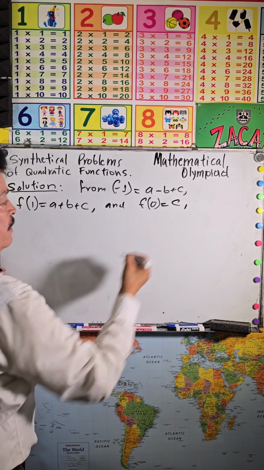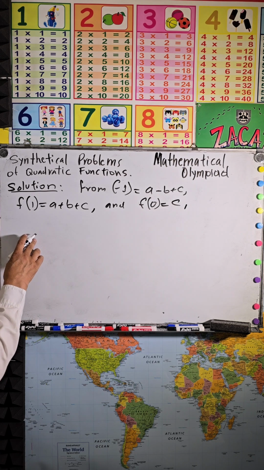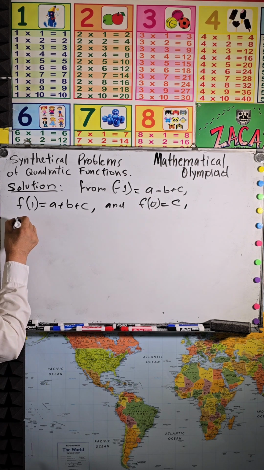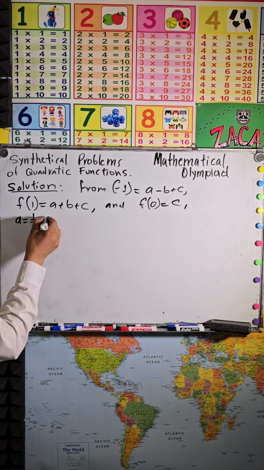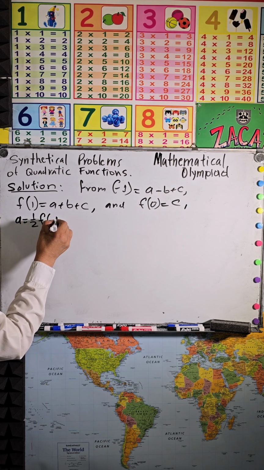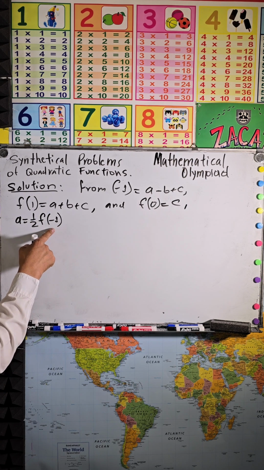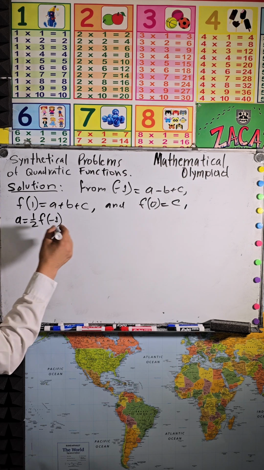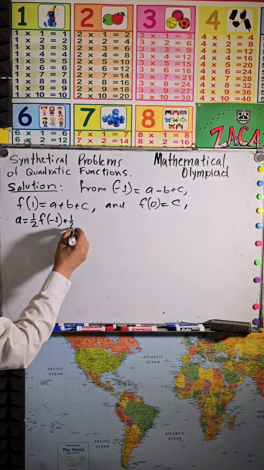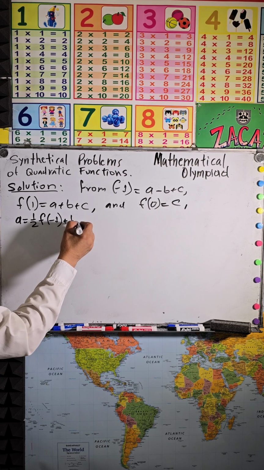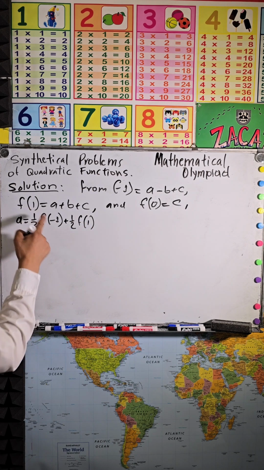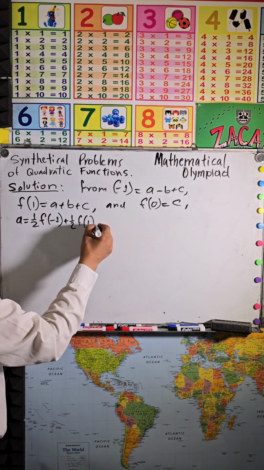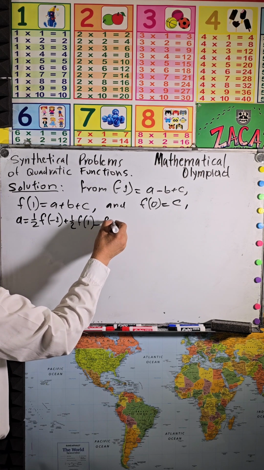So then if we continue working in our process, let's write a equals 1/2 f of negative 1, plus 1/2 f of 1, positive 1 here, minus f of 0.